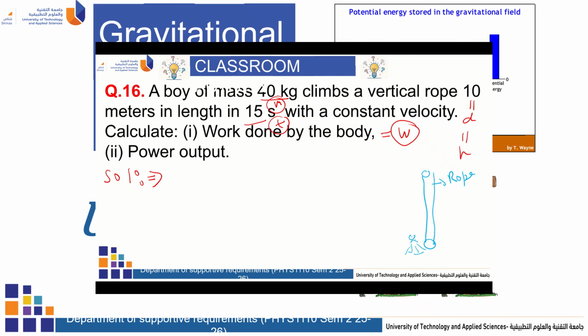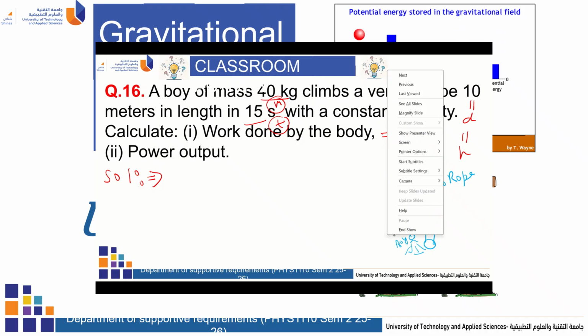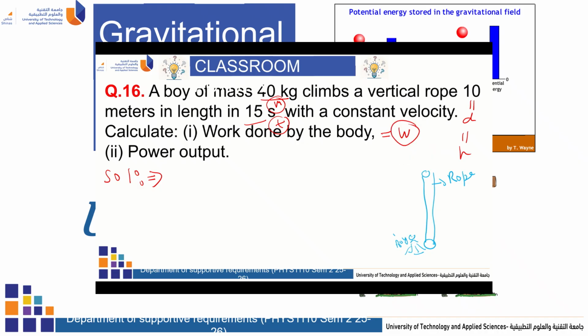This is the boy, and the mass of the boy is 40 kilogram. This boy is moving along the rope upward. And they are saying the height of the rope is 10 meters. So this is the height of the rope, and it is given as 10 meters.